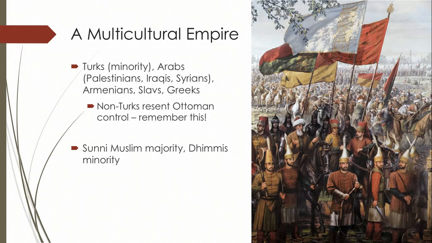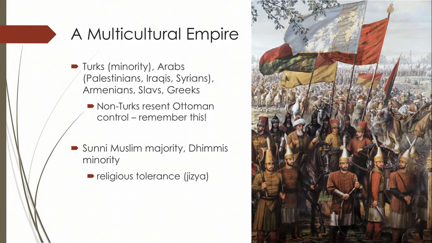empire is Sunni Muslim. The vast majority are Sunni Muslim, but there are smaller populations of Jews and Christians. And just like we saw in the earlier caliphates, the Jews and Christians were seen as dhimmis. The Ottoman Turks took the idea of jizya, they adopted that for themselves, and therefore they carried out a practice of religious tolerance, charging jizya or a head tax on non-Muslims.